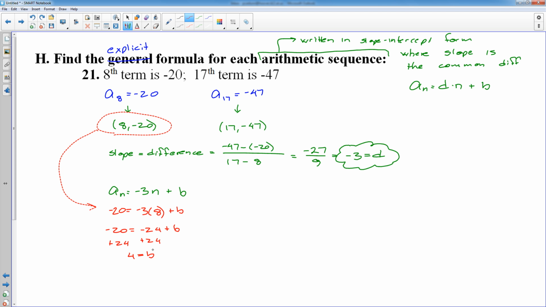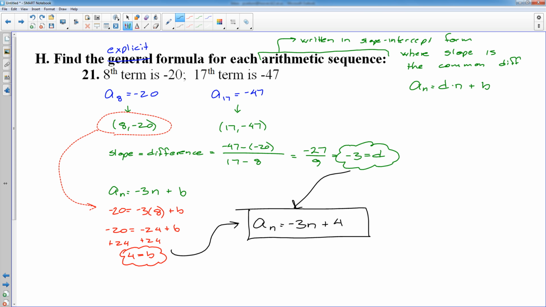Now that I know what b is, I can take that and my common difference, and I can use both of these to get my formula. My formula is the nth term is negative 3n plus 4. And that is the explicit formula for this arithmetic sequence.